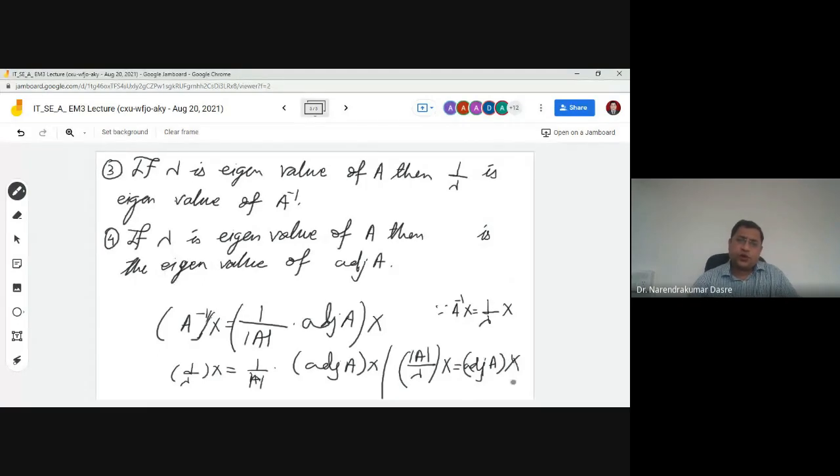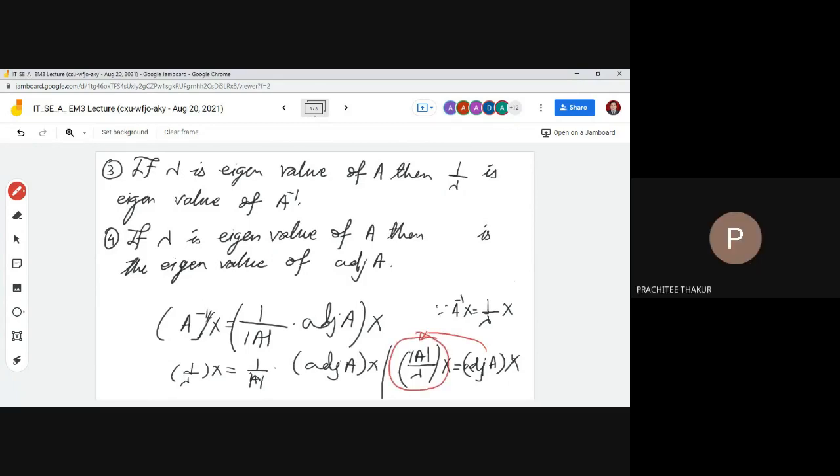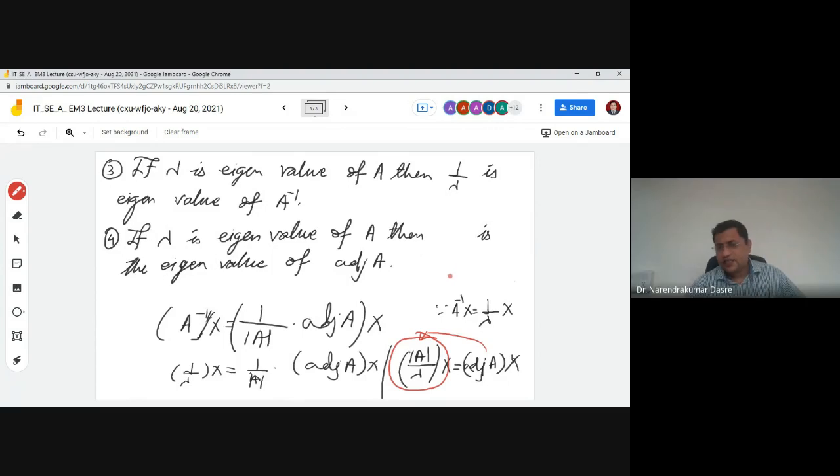So can you guess what will be the eigenvalue of this matrix? What will be the eigenvalue of adjoint of A? Lambda. Yes, determinant of A upon lambda.